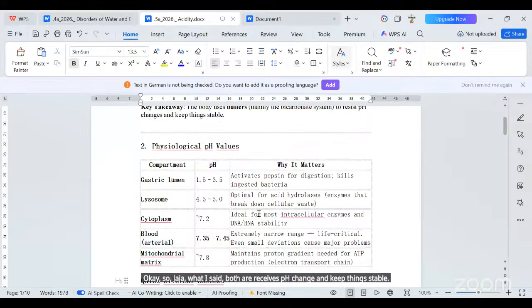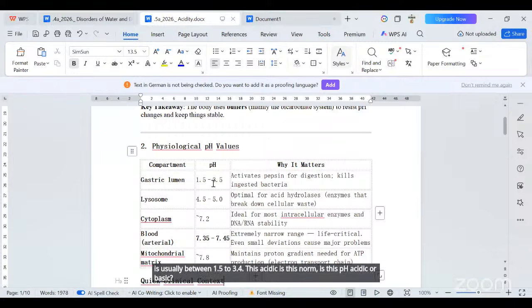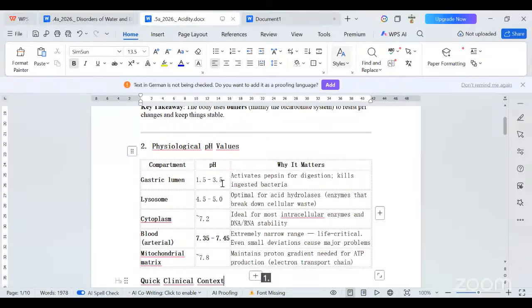Now, physiological values to reckon with. The gastric lumen, gastric means stomach, is usually between 1.5 and 3.5. Is this pH acidic or basic? Acidic, thank you.